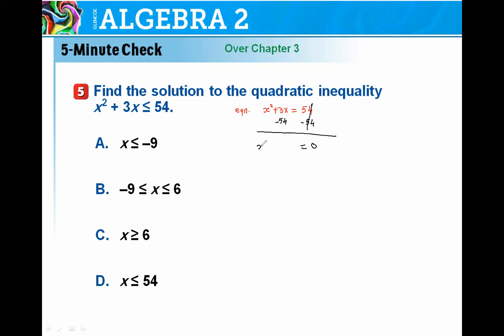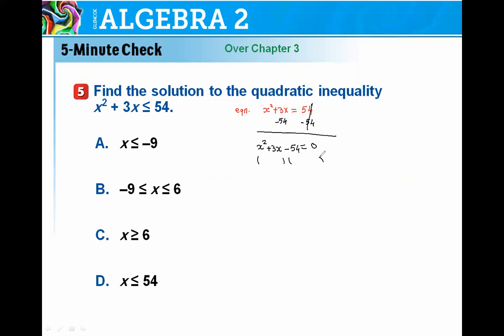On the other side, it will be x squared plus 3x minus 54. Now we need to solve this for x, as we have a quadratic equation. We can use the quadratic formula or the general form. We can use completing the square. We can use factorization. The fastest method is factorization.